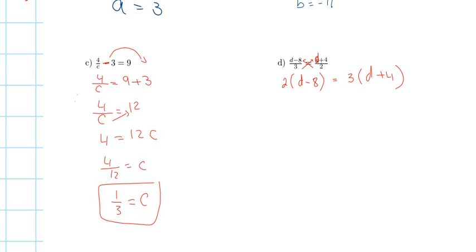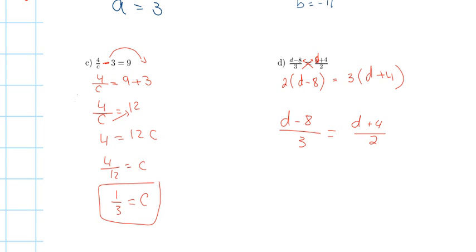Why does this work? You don't have to write this, but I'm going to show you why this works. Can you just pay attention, and I'll give you some time to write this. So if I want to get rid of that division by 3, I bring it over and it becomes multiplication by 3.